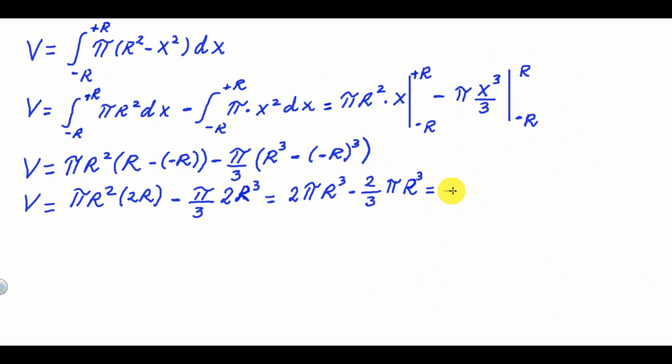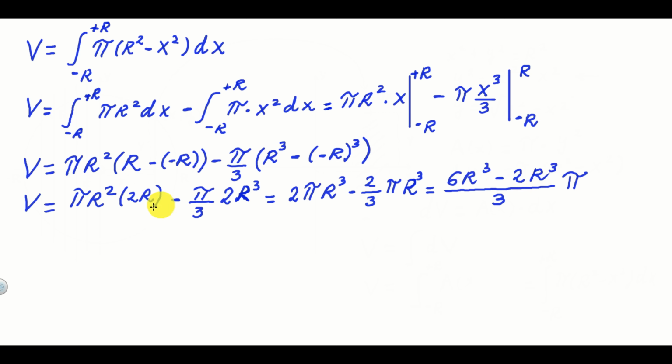Consequently, in the denominator we will have 3 over here, and over here we can write pi. Let's see what we will have over here. We will have 6 r to the power 3 minus 2 r to the power 3.